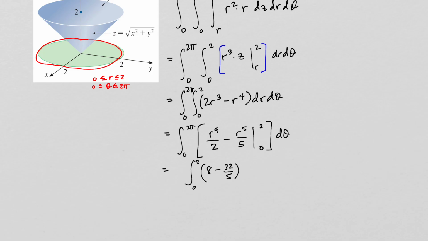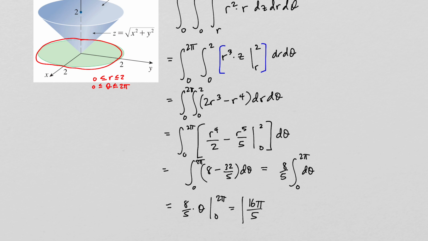Integral of that with respect to theta. And if you do the math there, this is going to be 8/5 integral from 0 to 2 pi d theta, which is simply 8/5 times theta from 0 to 2 pi, or 16 pi over 5. And that concludes this video lesson.